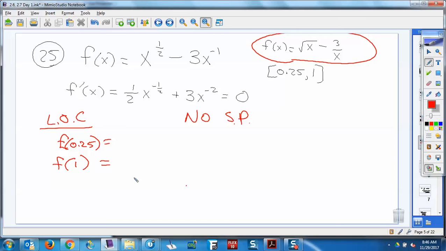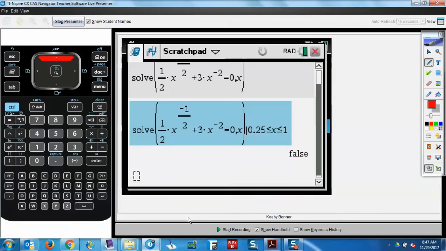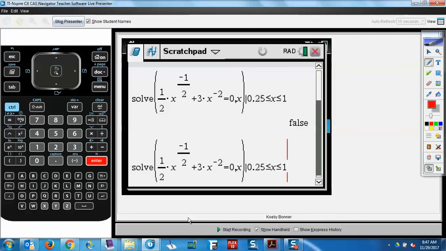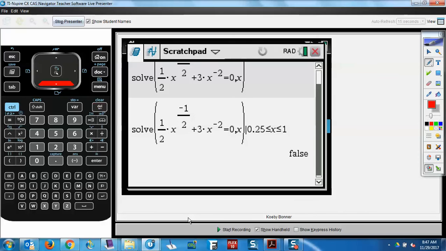So if we go back to the calculator here, let me show you, especially if you're having to plug in several values. What you can do here is arrow down. Now we got to put in the original function, right? The original function is what we want to plug it into. We can use our 1/2 powers, but those are harder to plug in. It was square root of x minus 3 over x, right? That was the original function.